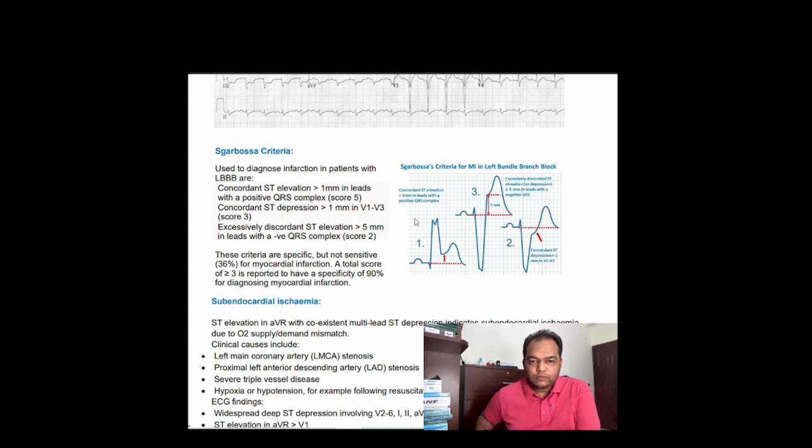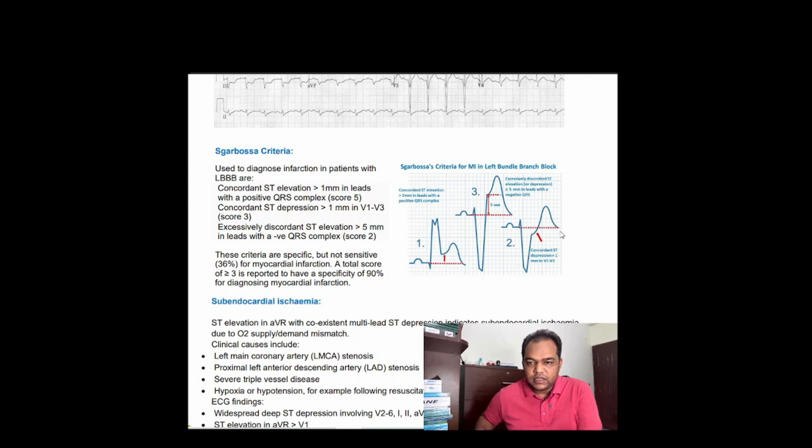Number 2, concordant ST depression. That means this is the QRS complex, and ST depression is present also at the same side of the QRS complex.